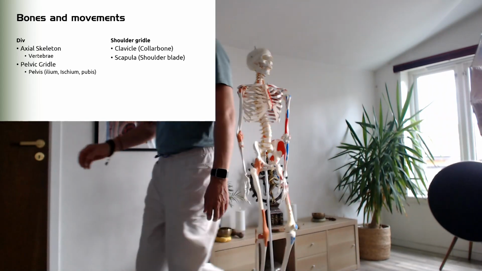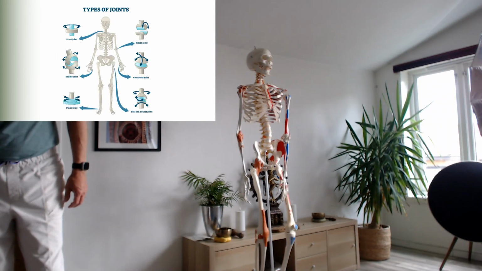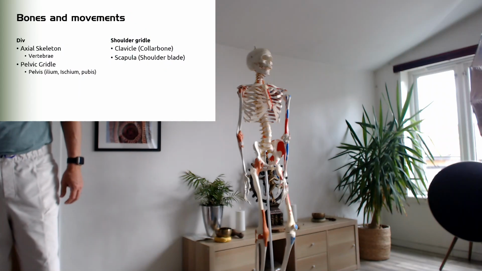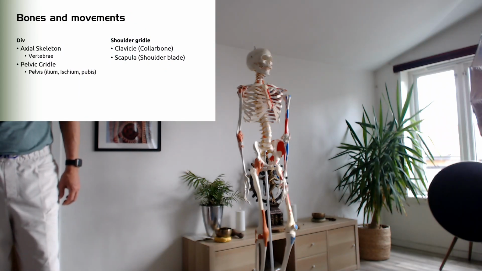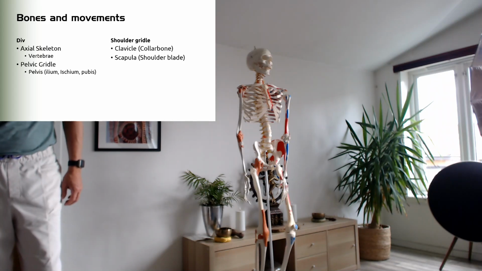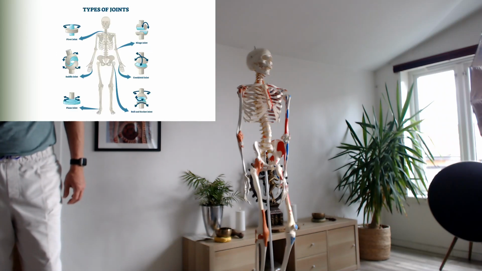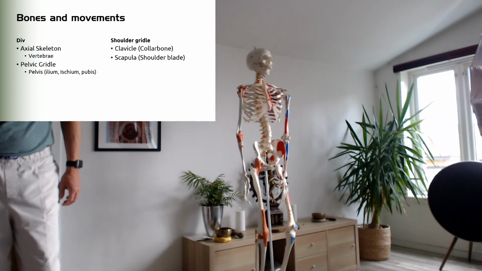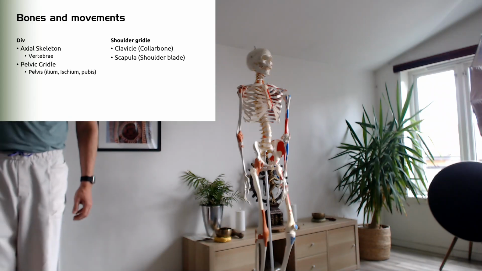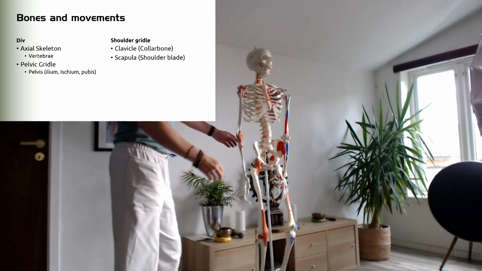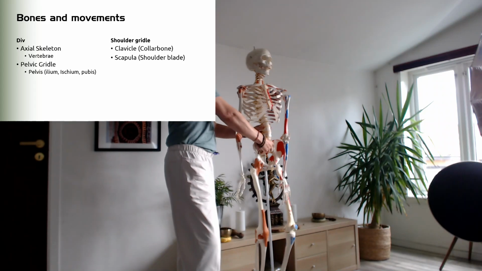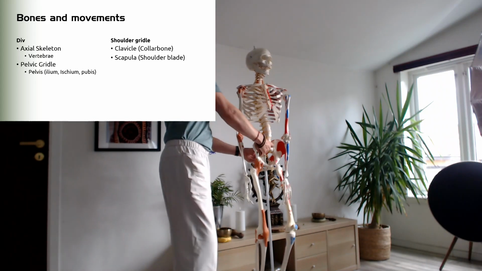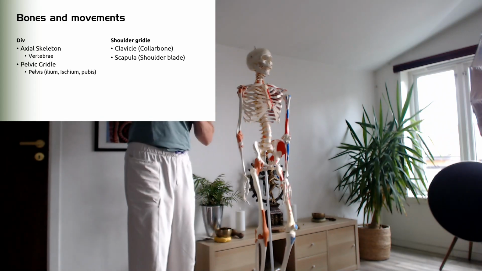Okay, let me see what is next. Shall we take lunch before we continue? How about the sacrum and the tailbone? It's not movable, so the vertebrae are moving, right? When you come to the sacrum, they've grown together.